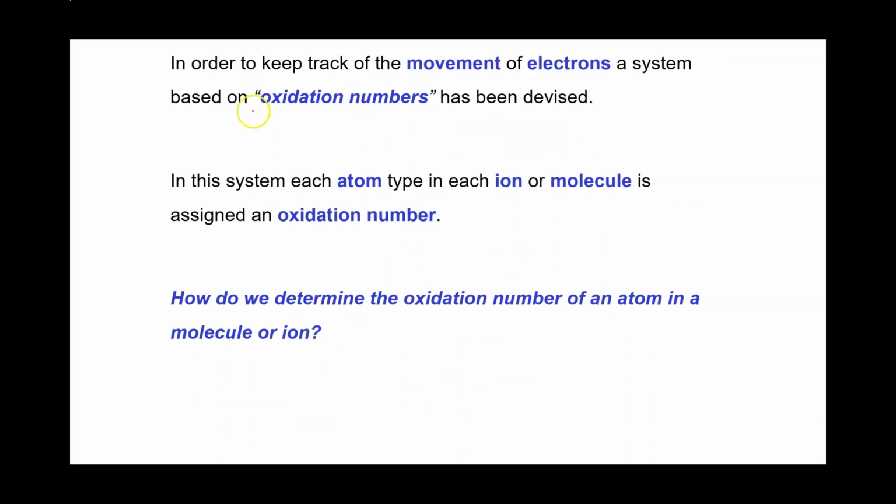So you probably remember that in order to help us keep track of how electrons were moving in a chemical reaction, we developed a system called oxidation numbers. And how this system works is that every atom that is present in our reaction, or every ion that is present in our reaction, is assigned a quality called its oxidation number.